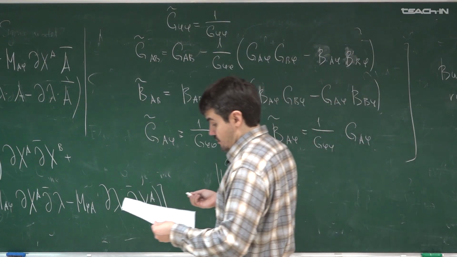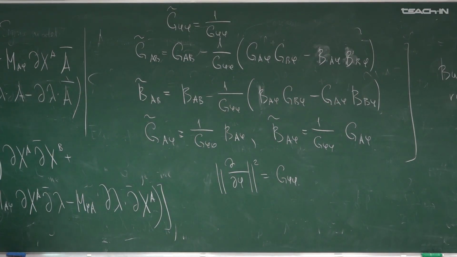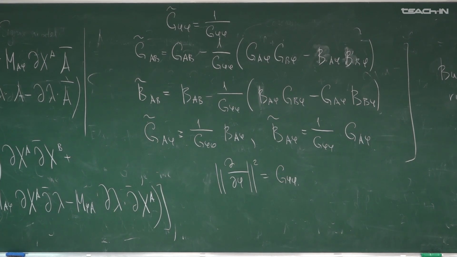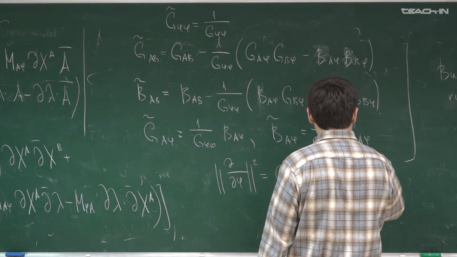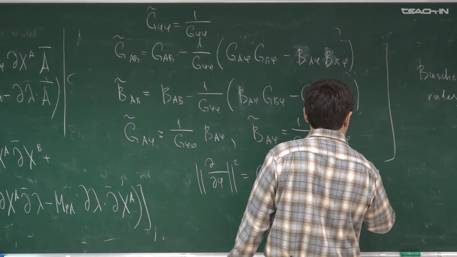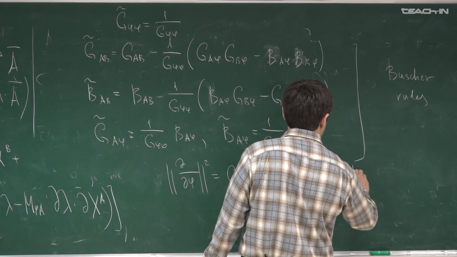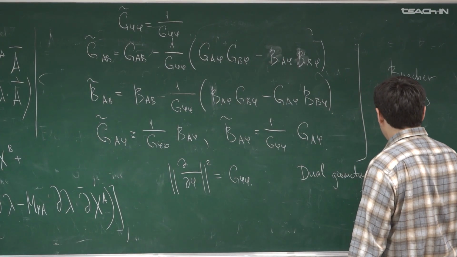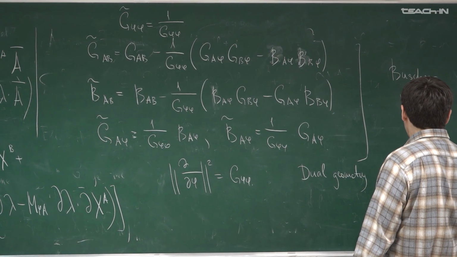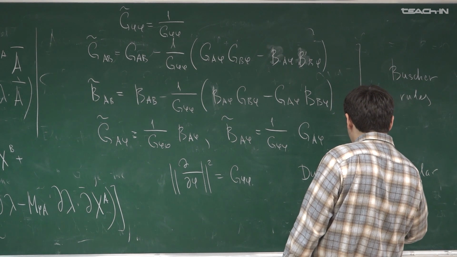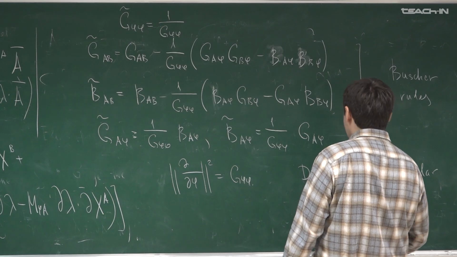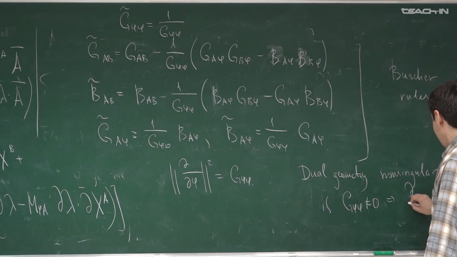So the requirement for not having some singularity in the T-dual geometry is that G phi phi nowhere vanishes, which means that the vector field nowhere vanishes. So the dual geometry is non-singular if G phi phi does not vanish. That means that d over d phi does not vanish.